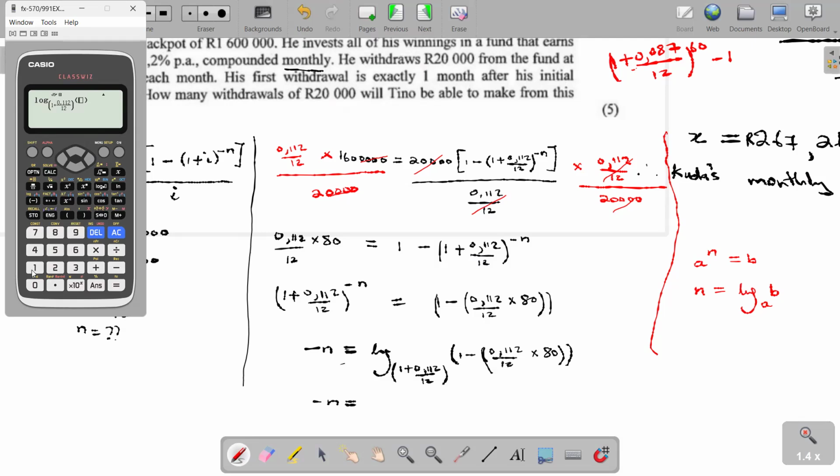Then there we are going to have 1 minus 0.112 over 12 multiplied by 80.